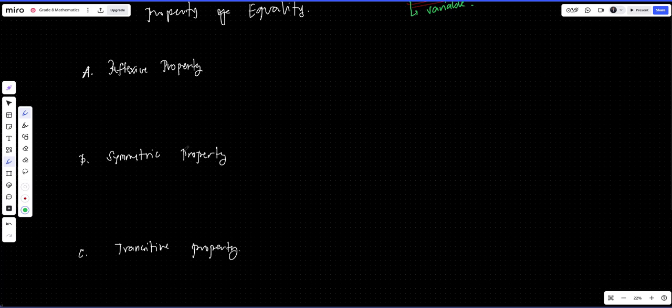Let's begin with the reflexive property. The reflexive property states that any real number is equal to itself. This means any number is always equal to the number itself.